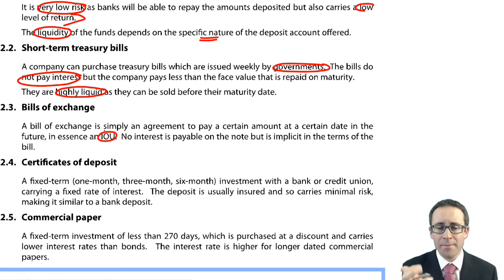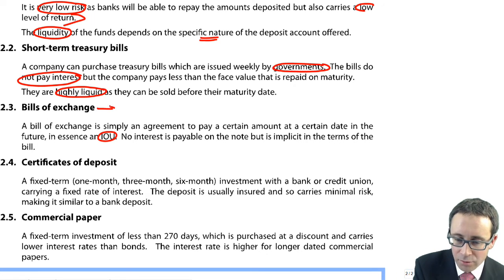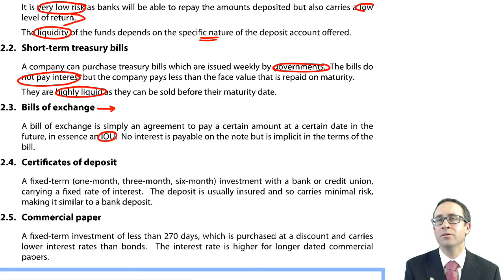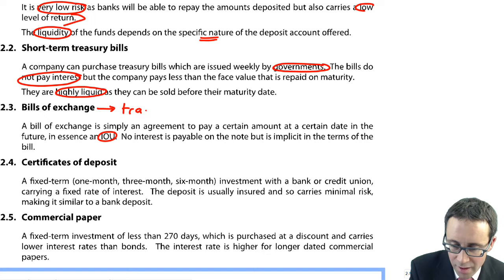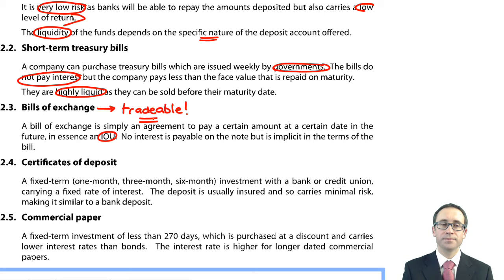Okay. The key bit about your bill of exchange, the reason why it then becomes a method of short-term investment, is that your bill of exchange is tradable. Okay. Because that's where you come along.